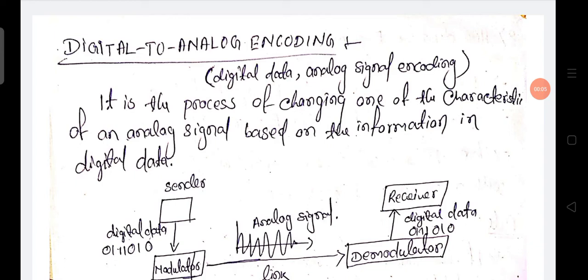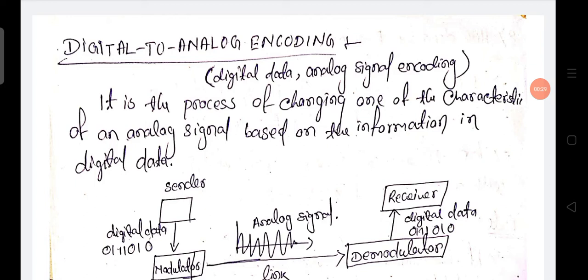Okay. In today's class, we are going to study another encoding technique, which is called digital to analog encoding. In previous classes, we finished our encoding scheme, which is digital to digital encoding, or digital data to digital signal encoding.